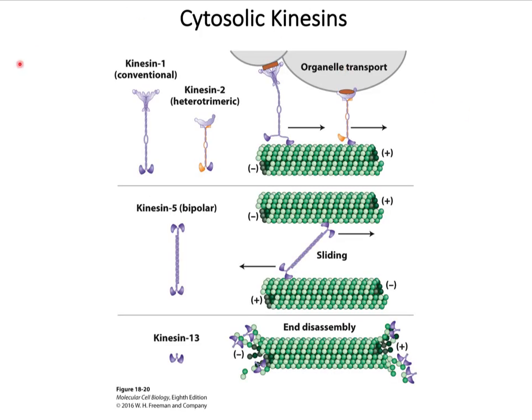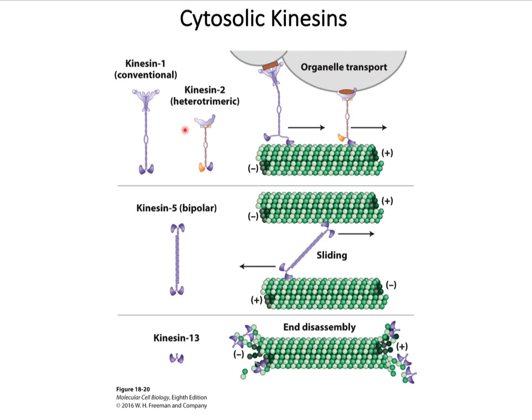So there are a couple of examples of cytosolic kinesins. You have kinesin 1, which is the conventional kinesin that has two heavy chains and several light chains, as I just mentioned. There is kinesin 2. The structure looks very similar. What distinguishes it from the conventional kinesin is that it is heterotrimeric, in that it has two different heavy chains and a single light chain.